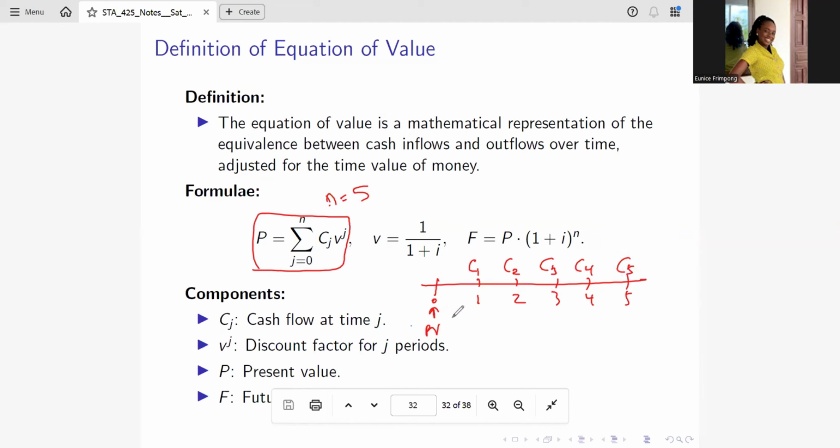To know the present value, I multiply my C1 by V, my discount factor, to the power 1, so C1 becomes C1V1. C2 becomes C2V2, and so on for the rest. So to find the present value, I simply add C1V1 plus C2V2 plus C3V3, all the way to the last term. That's the summation symbol, running from 0 to N, whatever time we are looking at.